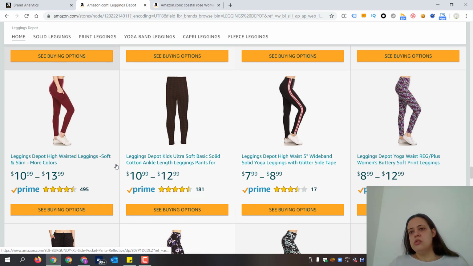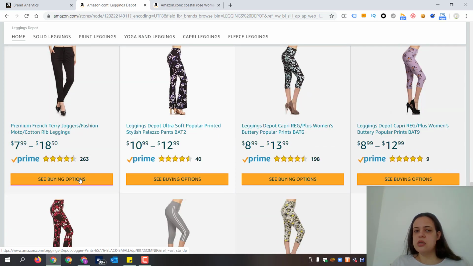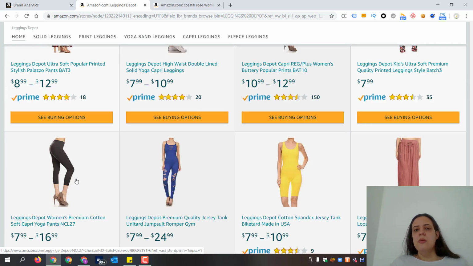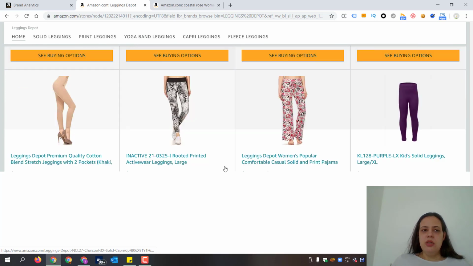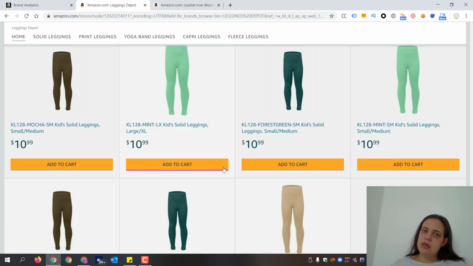Obviously these are all women, so you have to have a pretty strong aesthetic in terms of product images. You can't afford to not have good product images if you're selling leggings. These are all the small nuances and differences that make a brand successful or not.